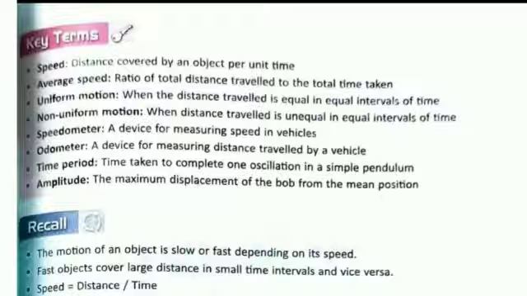In both cases, time is equal intervals of time, but in uniform motion it is covering equal distance, and in non-uniform motion it is covering unequal distance. Just like in a crowded route, we travel with non-uniform motion.